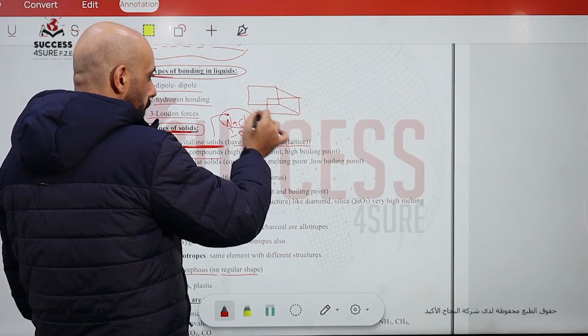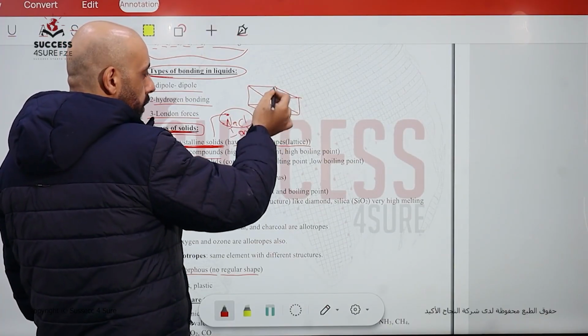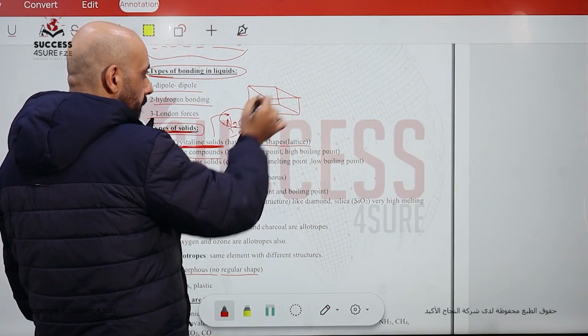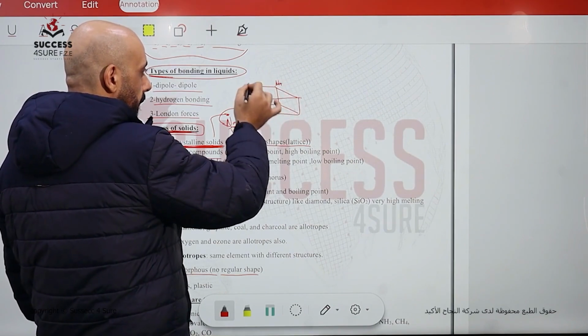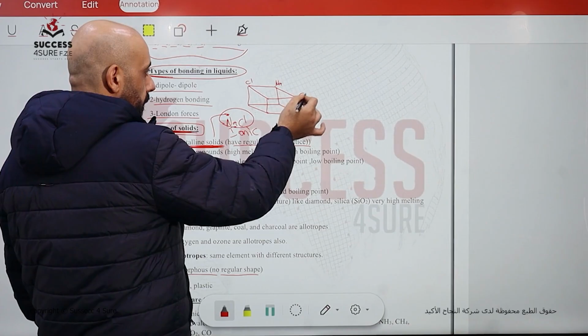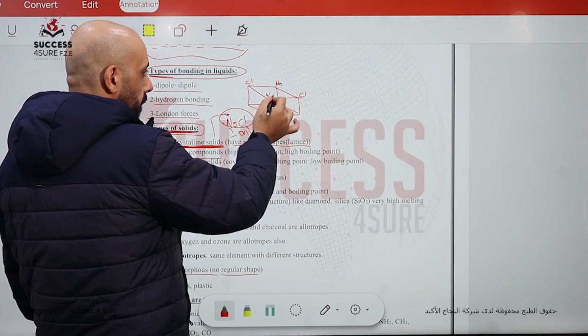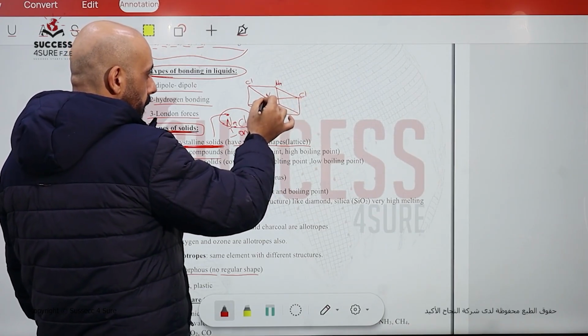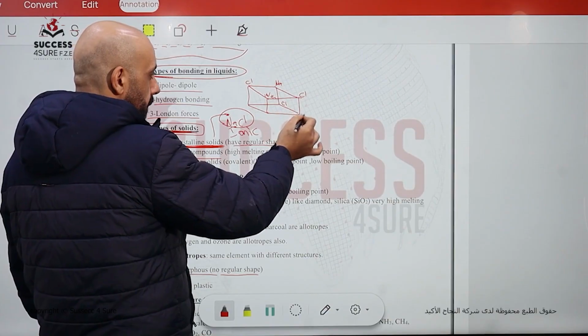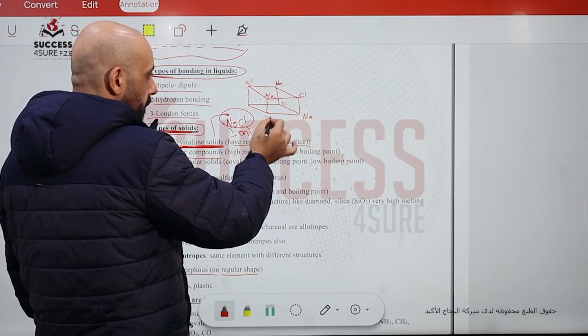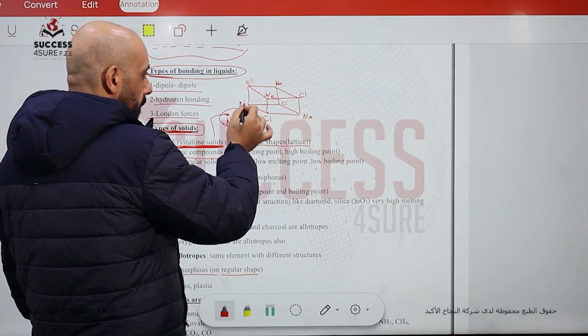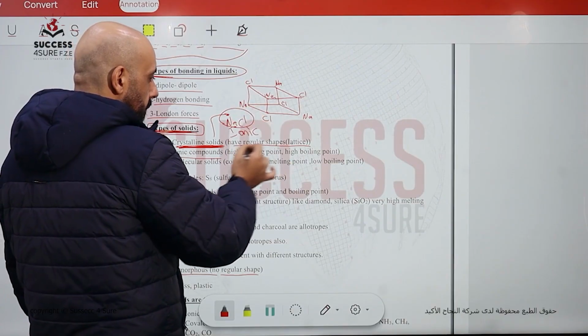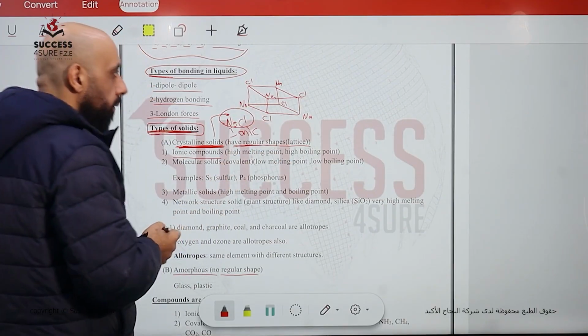In each corner, you will see the distribution of the particles, Na and Cl. In this corner, Na; this corner, Cl; this corner, Cl; and over here is going to be Na. And down here is going to be Cl. Here is going to be Na. And here is going to be Cl. Here is going to be Na. So this is the lattice, or the crystal shape, of NaCl.